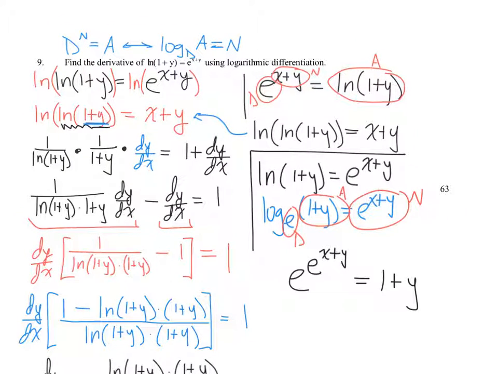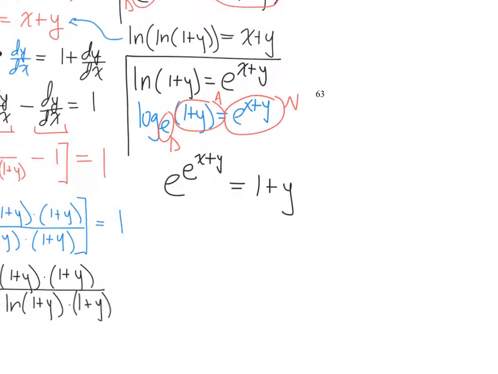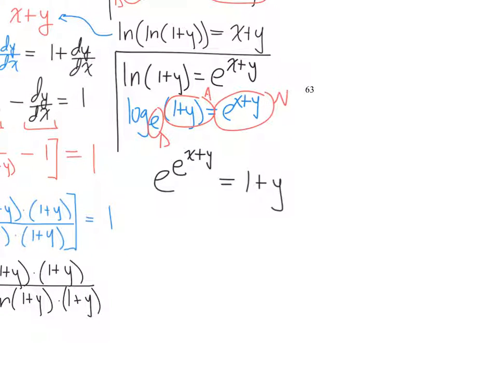Now, if you're required to use log differentiation, then you have to take the log of both sides, in which case you're going to undo everything you just did. So it defeats the purpose. But if you have the luxury to do it any way you want, then you may consider doing it this way. Because then, using explicit methods, I could say y equals, well, part of it would be explicit. I could write it as y equals e to the x plus y minus 1.